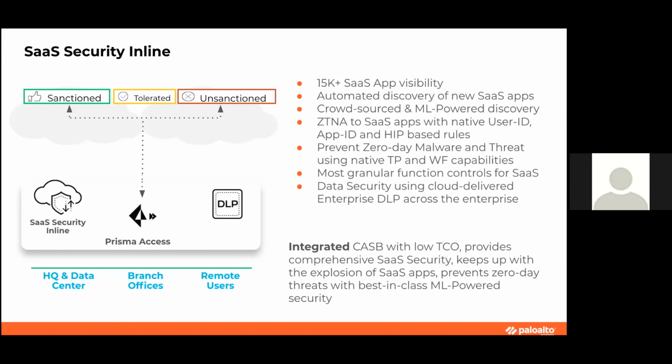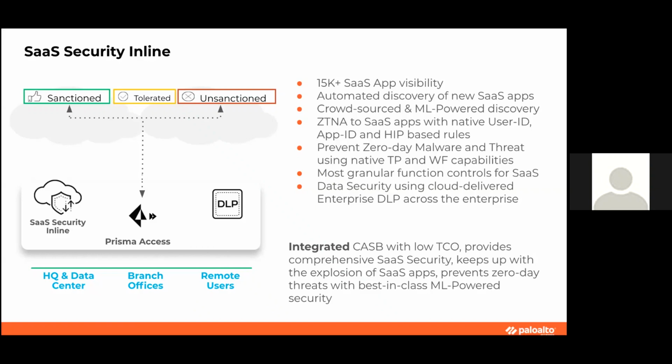Traditional approaches are complex, require multiple tools at this scale, and have a high TCO. Prisma Access natively integrates with SaaS security inline, with no additional tools, to enable you to rapidly discover and control new SaaS applications to keep pace with their explosion.